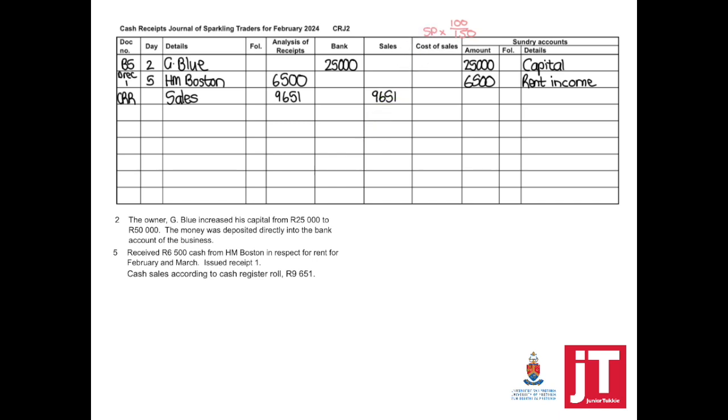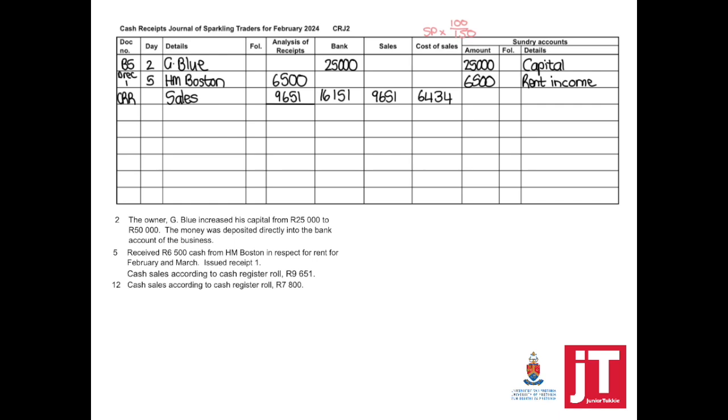And now we need to calculate our cost using the markup percentage of 50%. So calculating the cost, take the selling price times 100 divided by 150. At the end of the day, draw a line under analysis of receipts and add those two together, and that is the total that should appear under bank, 16,151.